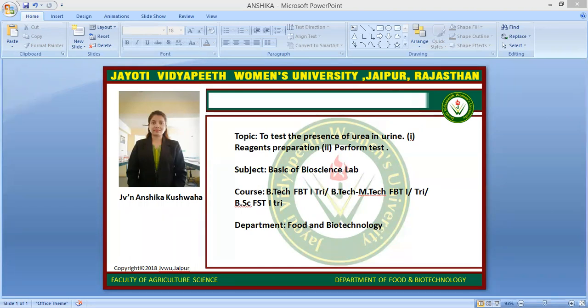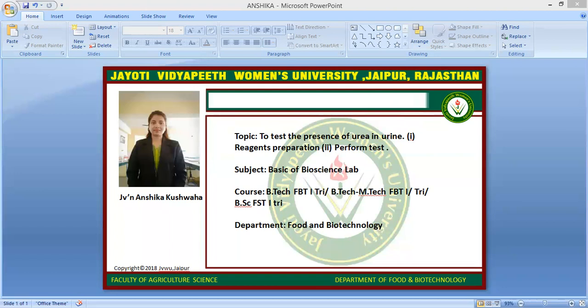What is urea? Urea is a waste product of many living organisms and is the major organic component of human urine. This is because it is at the end chain of the reactions which break down the amino acids that make up the protein.